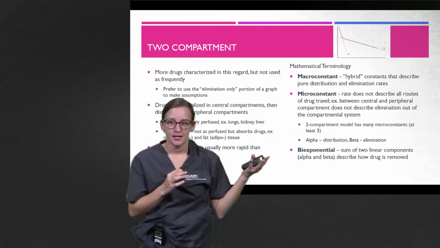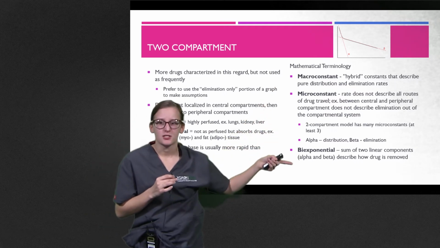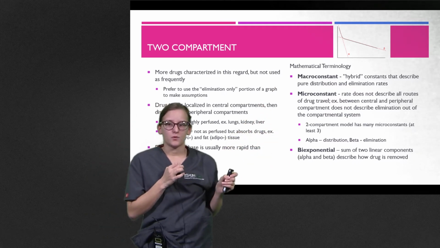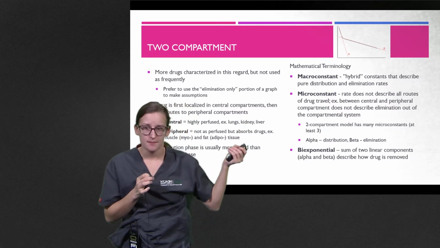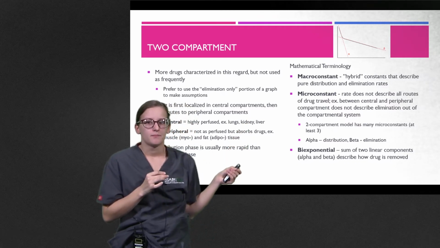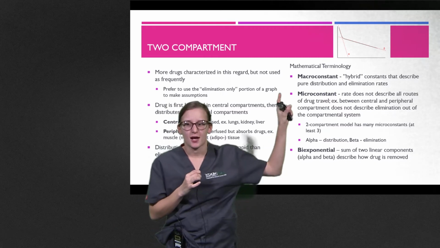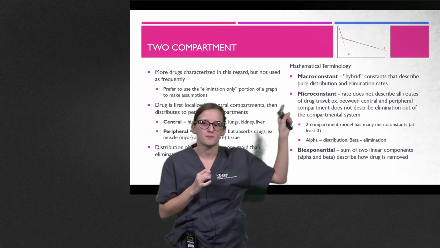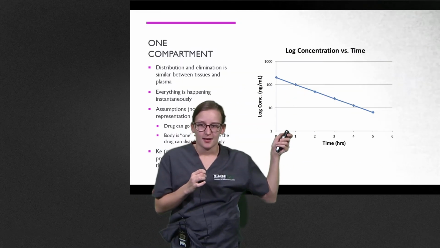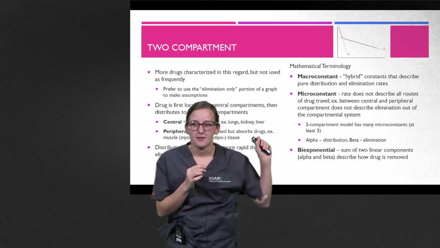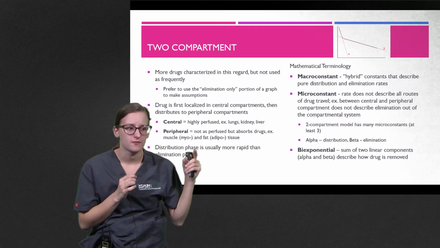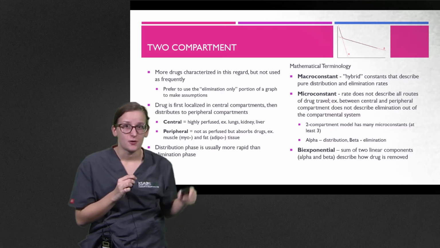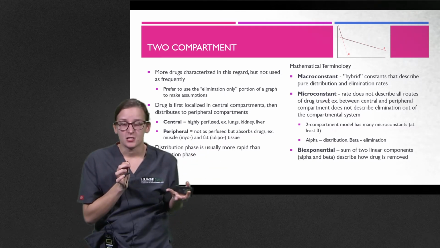And then here are just math terminologies. I think you just want to know the difference between macro and micro constants for the exam. So macro constants basically describe pure distribution, pure elimination, whereas micro constants, I don't have the image here, but it's that interplay between going from the central to the peripheral compartments, and going from the central out of the body, elimination.